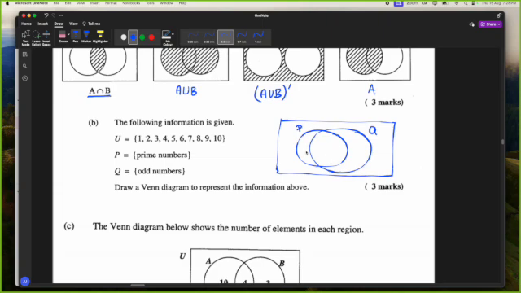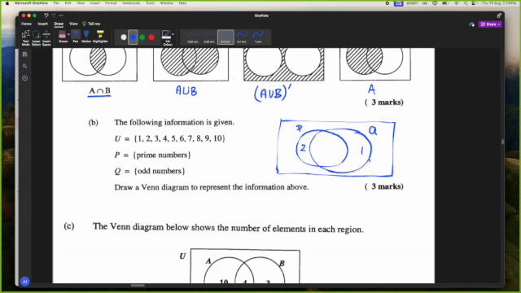So from 1 to 10, well, 1 is not a prime, but 1 is odd, right? 2 is the first prime, but 2 is not odd.